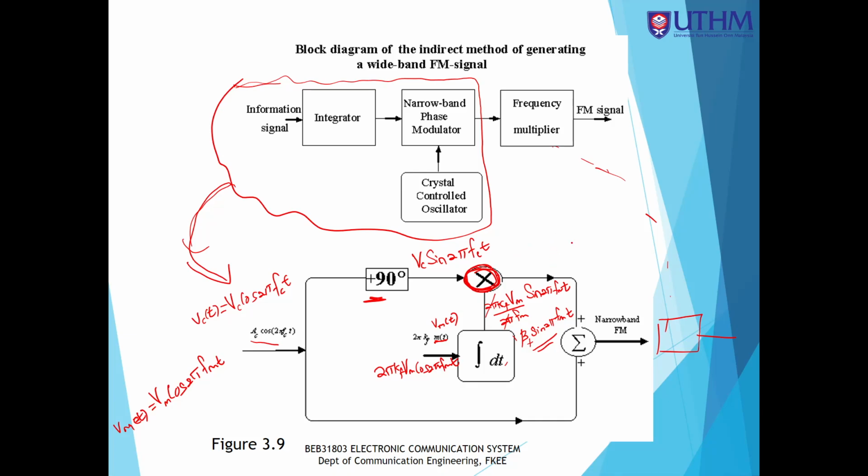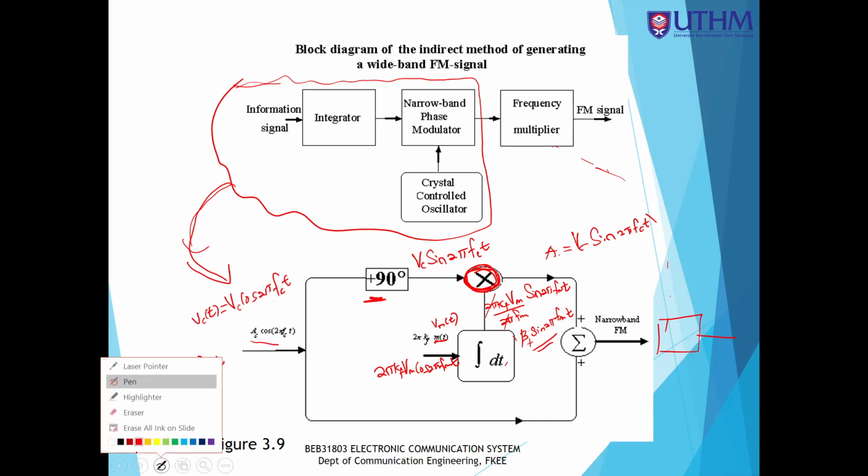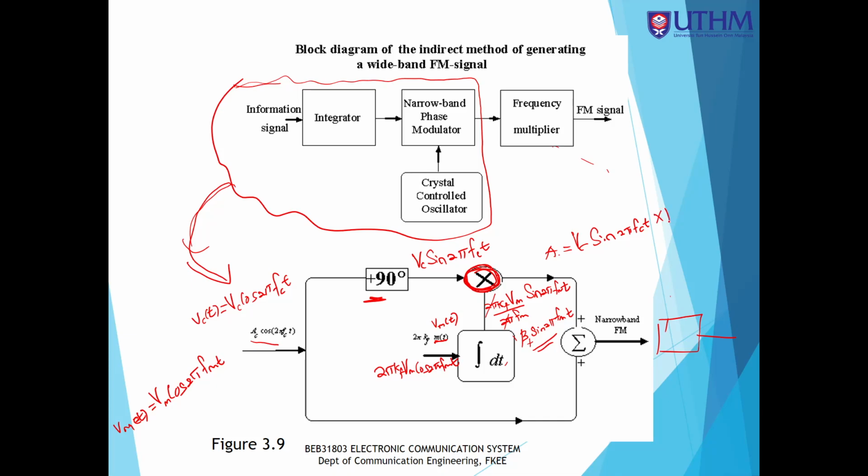So what happens here at, for example, point A? At point A, it is equal to Vc sine 2 pi Fc t multiplied with beta f sine 2 pi Fm t.